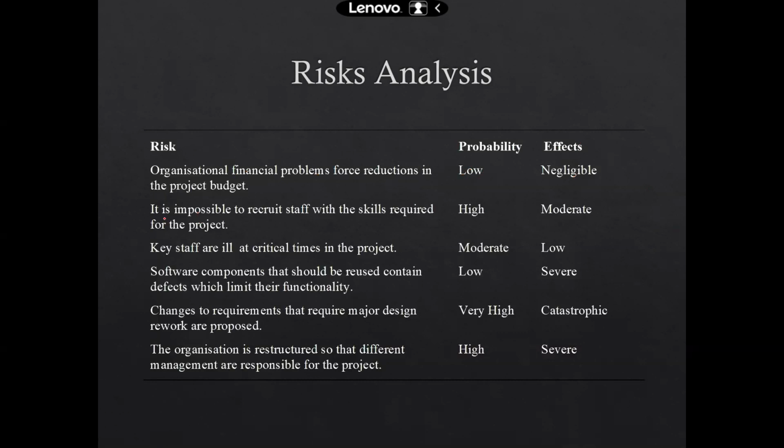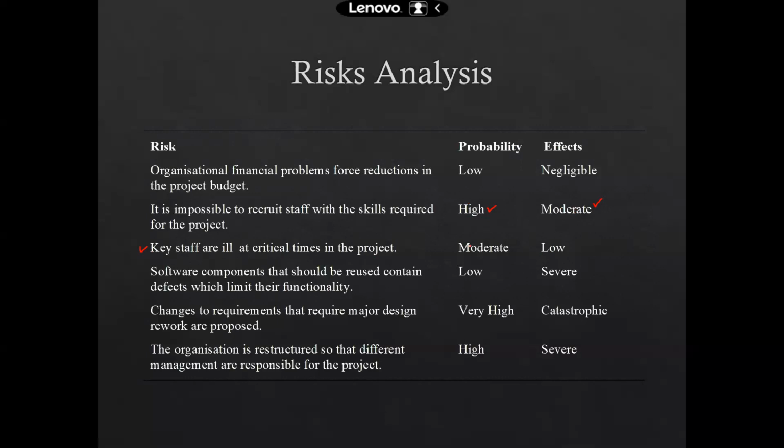Over here, it is impossible to recruit the staff with the skills required for the project. The probability over here is high, and the effect over here is moderate. Now, this is basically the probability of occurrence, and this is the impact on the project. Similarly, key staff are ill at critical times.